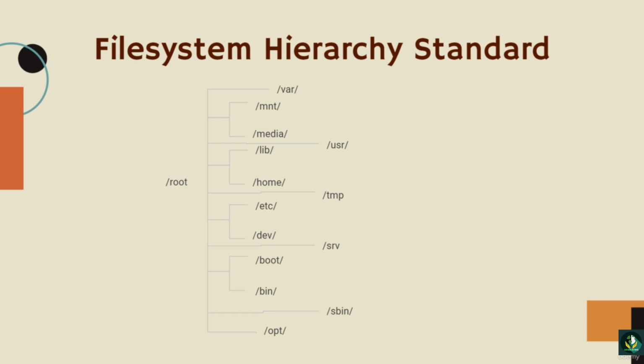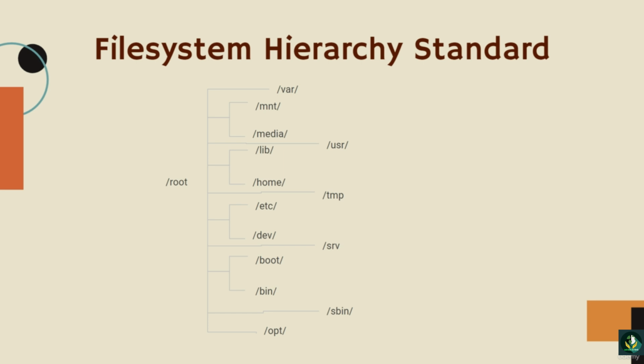Sbin, the essential system binaries. So all system binaries are stored in sbin. Srv, data for services provided by the system. Tmp, as the name indicates, it's for temporary files.